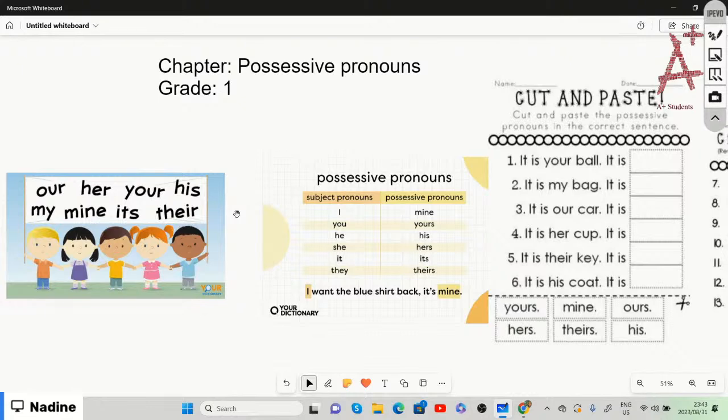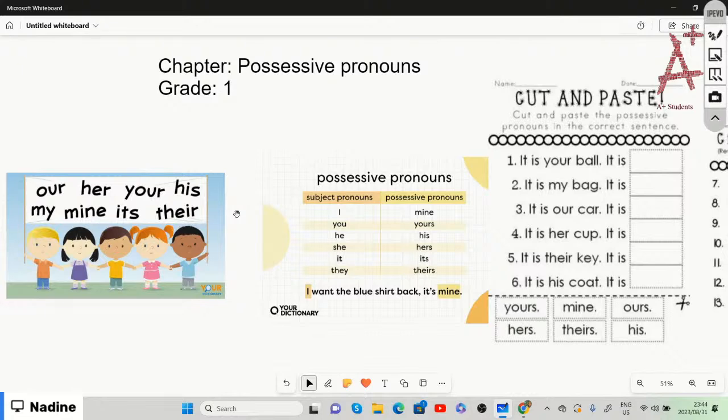And with a word, for example, mine or his or theirs, it basically shows possession. And that's why we call it possessive pronouns, right? Because it is something that can belong to you or to someone else.